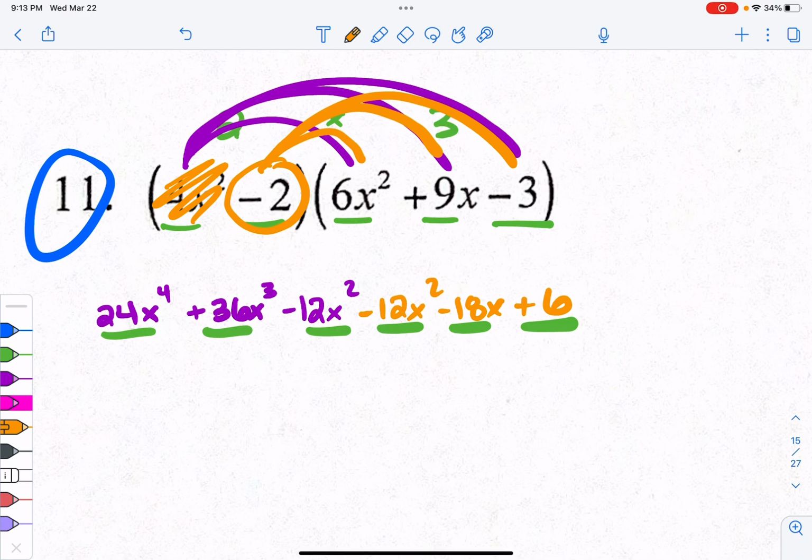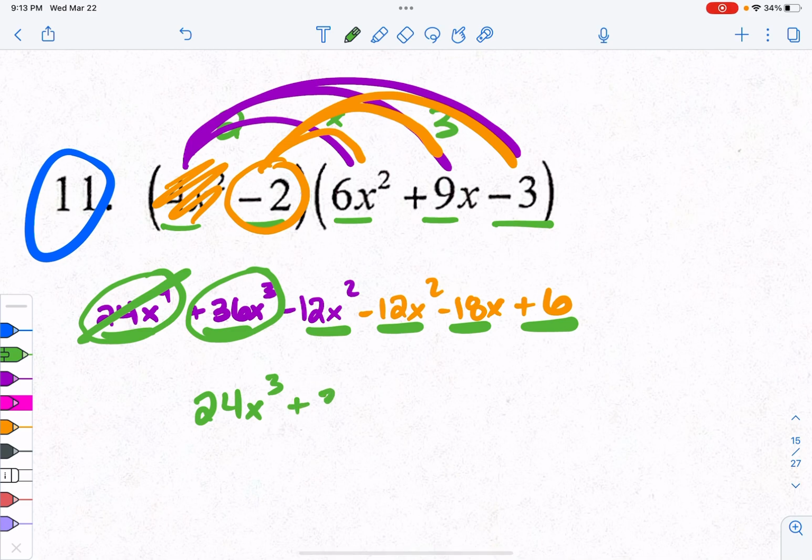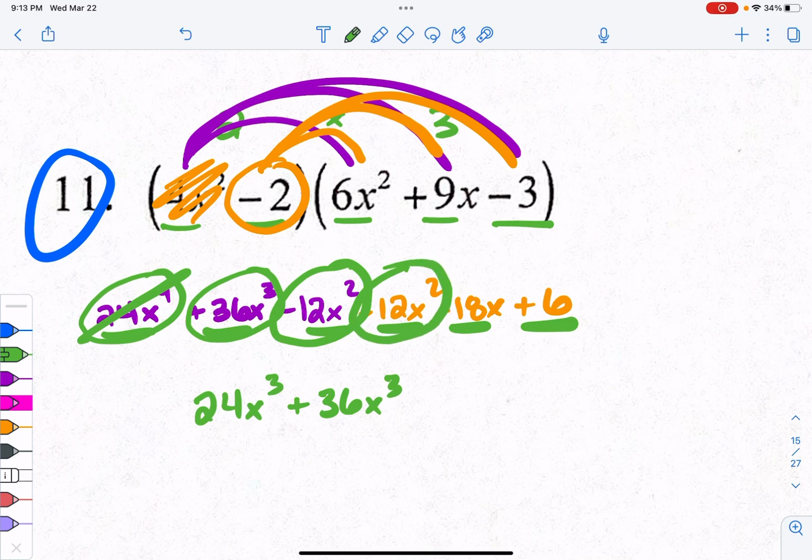Okay. Now, I'm done multiplying, but now I still have to combine like terms if I can. So this is my only x to the 4th power. So I'm just going to rewrite him. He's done. I have only this one for x to the 3rd, so plus 36x to the 3rd. But then I have negative 12x squared minus another 12x squared, okay?